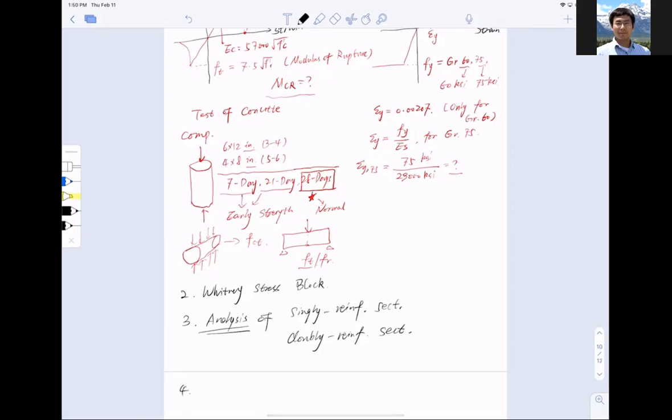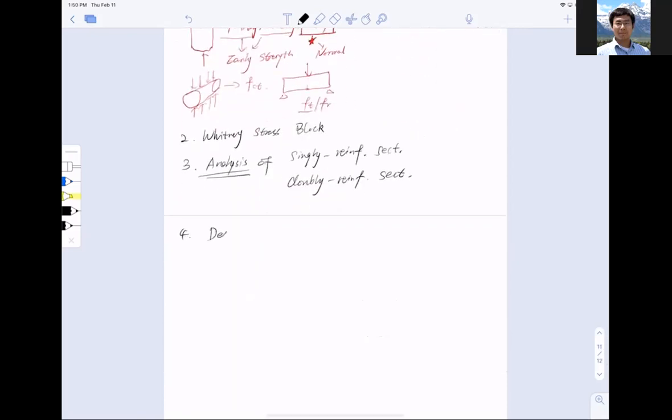And design of only singly reinforced sections, given section geometry.